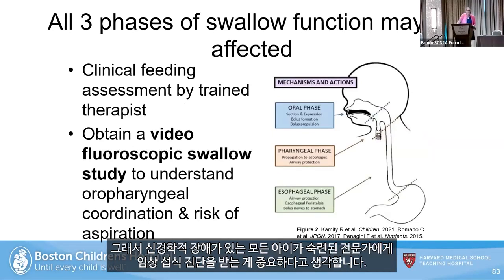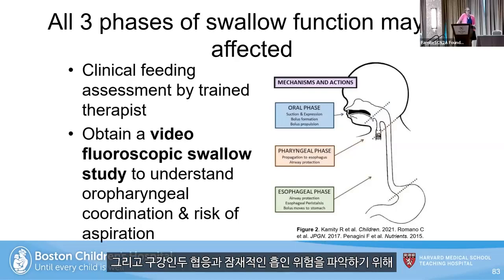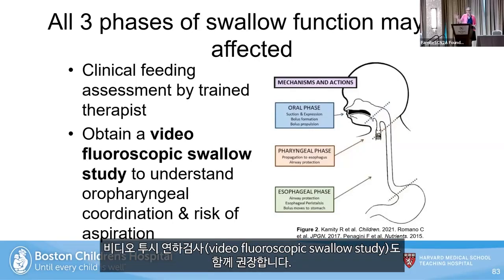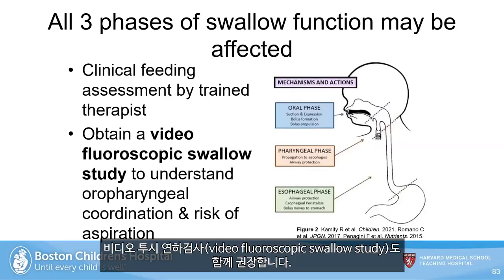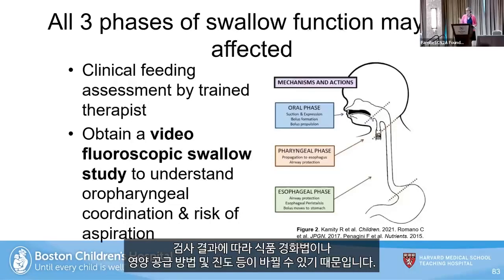This is why we really think it's very important for all children with neurologic disability to have a clinical feeding assessment by a trained therapist. In addition, our team encourages obtaining a video fluoroscopic swallow study to understand all of this oropharyngeal coordination and potentially a child's risk of aspiration, because it may change the method of thickening or pacing of how you're going to feed that child.